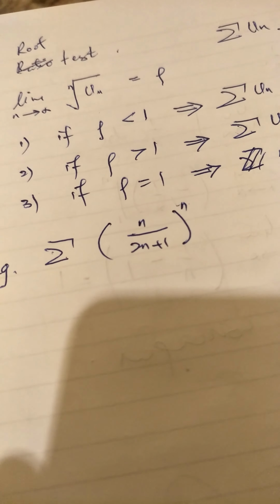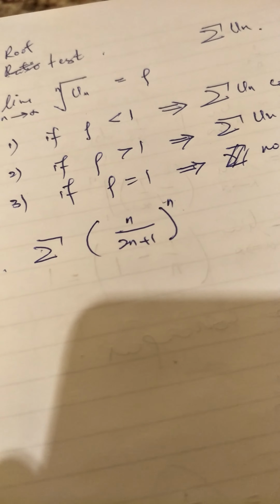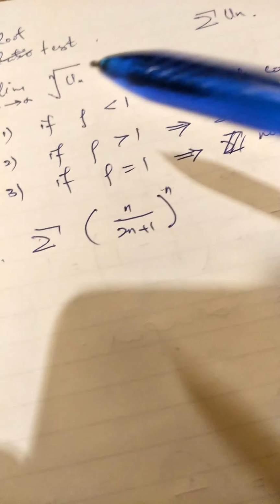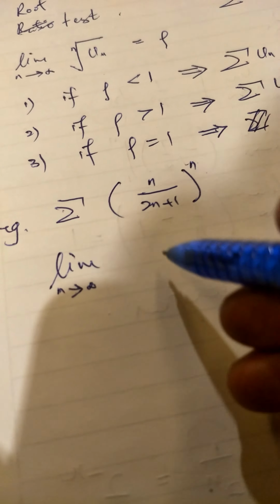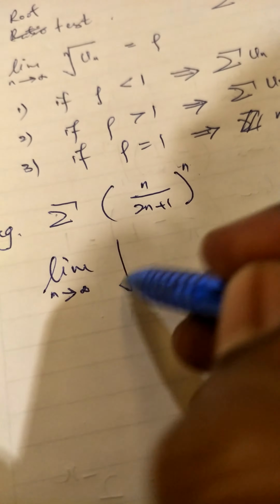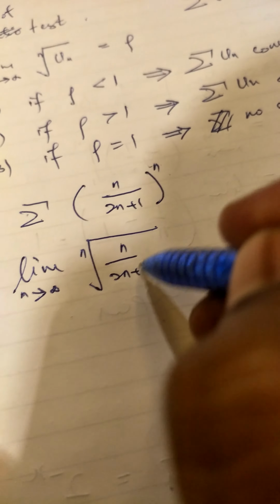Then we know that the appropriate test we can use is the root test. We take the limit as n goes to infinity of the nth root of n over 2n plus 1 to the power n.